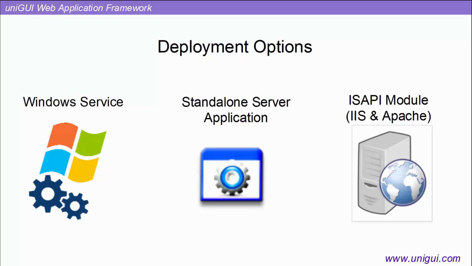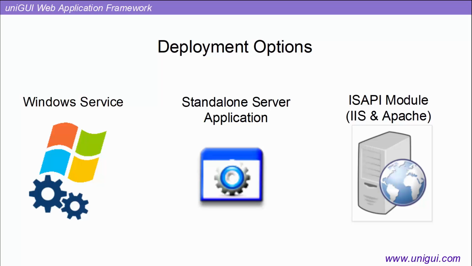The first one is Windows Service, then the standalone server application, and finally the ISAPI module. For production use, we prefer using Windows Service and ISAPI module. And the standalone server is only good for debugging and development.